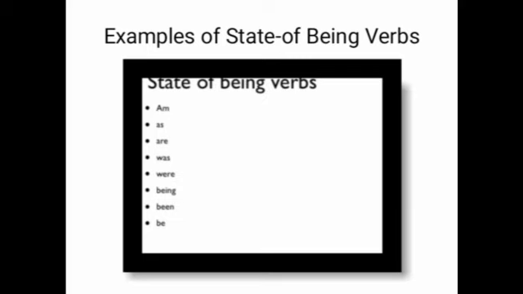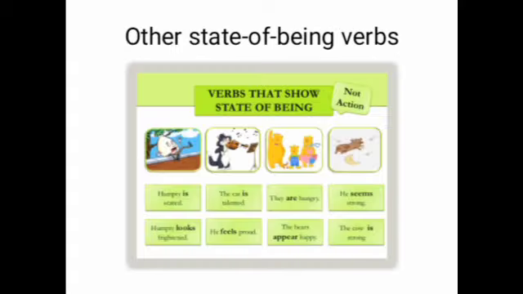The examples are there: am, is, are, was, were, being, been, be. They're all state of being verbs.